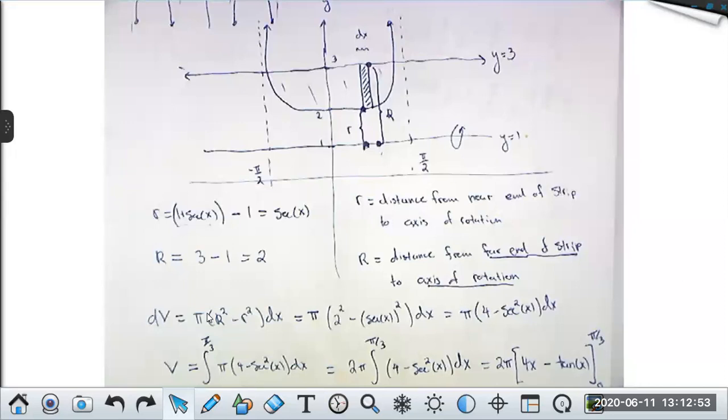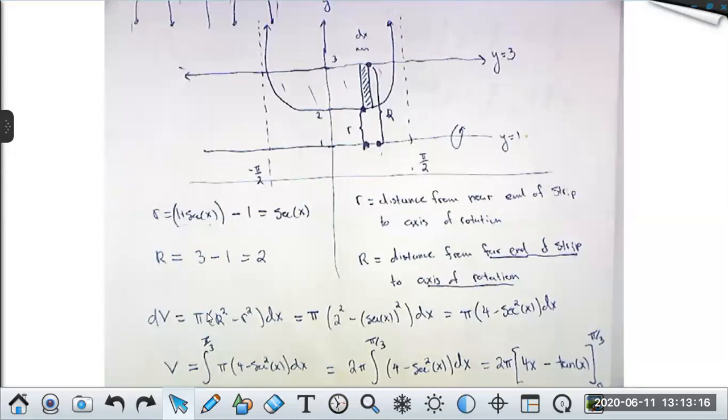I was busy catching up on the first homework, so I didn't have a lot of time to dive into the disk method. For the most part, I understand it. I just didn't really understand the R thing. I was really trying to understand how to do the R thing.